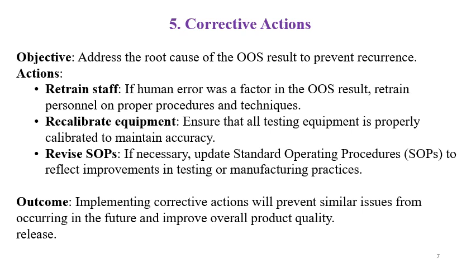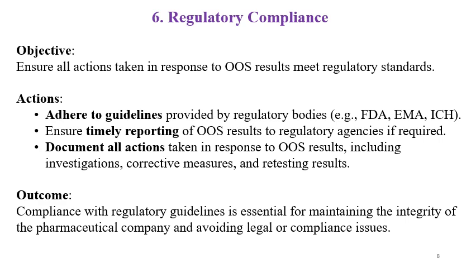Revise SOPs if necessary. Update standard operating procedures, SOPs, to reflect improvements in testing or manufacturing practices. Outcome: implementing corrective actions will prevent similar issues from occurring in the future and improve overall product quality. So this is the corrective action.